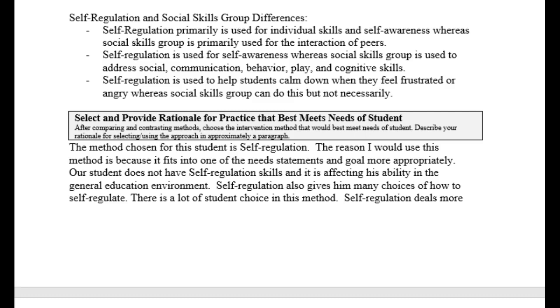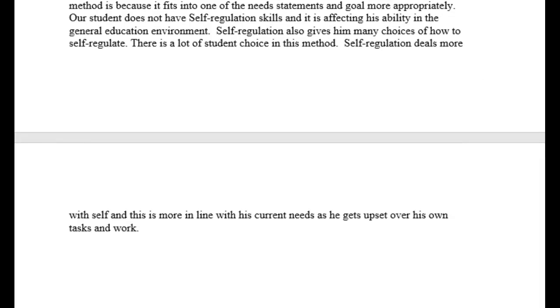And the reason they'd use that method is because it fits into one of the need statements and goals more appropriately than social skills training. And this student does not have self-regulation skills, and it's affecting his ability in the general education environment. Self-regulation also gives them many choices of how to self-regulate, and there's a lot of student choice in this method. And so they went on to explain a little bit more about that.